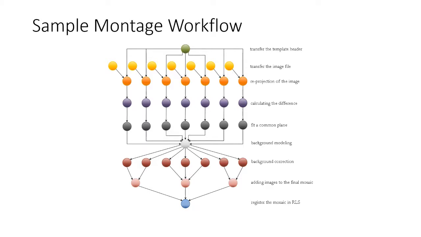For each of the image files, the following process has to be performed: image file transfer, reprojection, calculation of the difference, and common plane placement. Therefore, each of the images can be processed in parallel for these tasks. Here is where a distributed infrastructure helps in executing workflows.